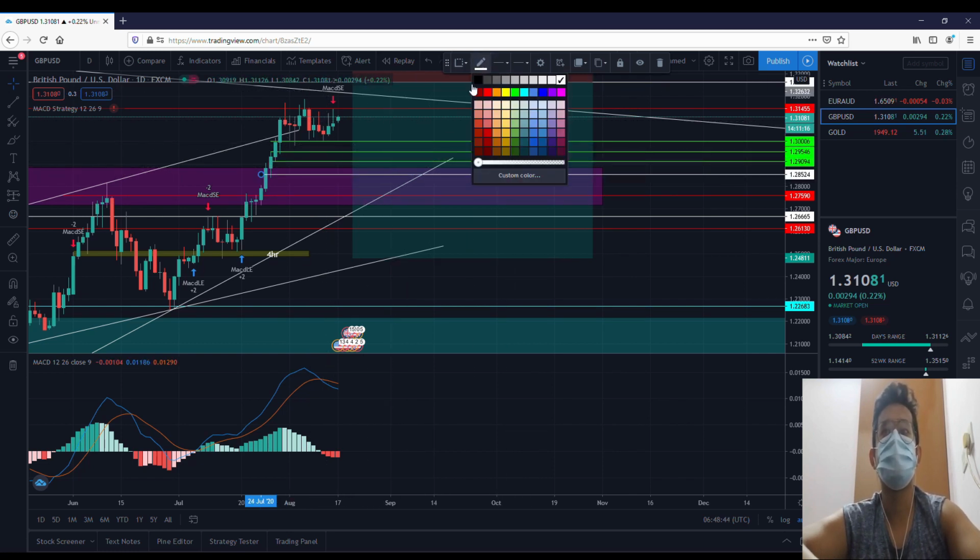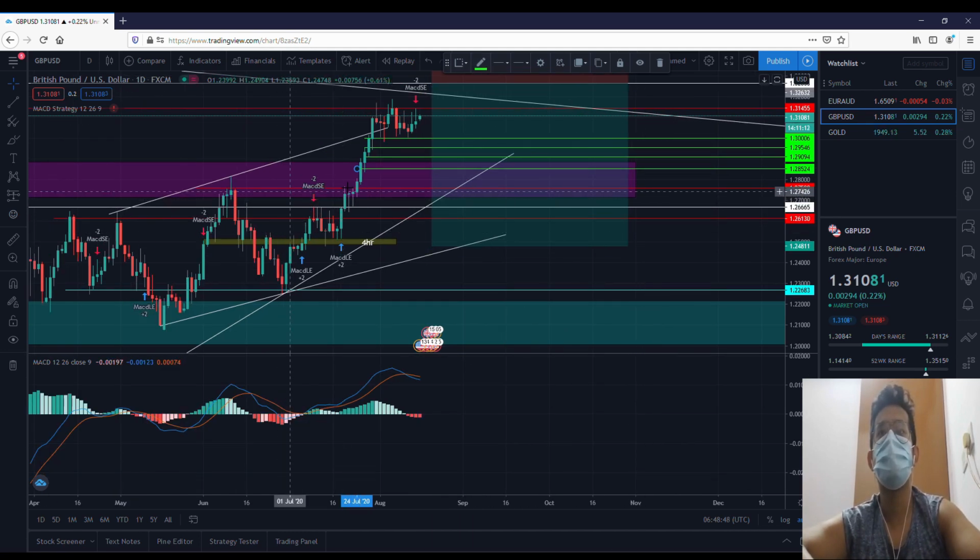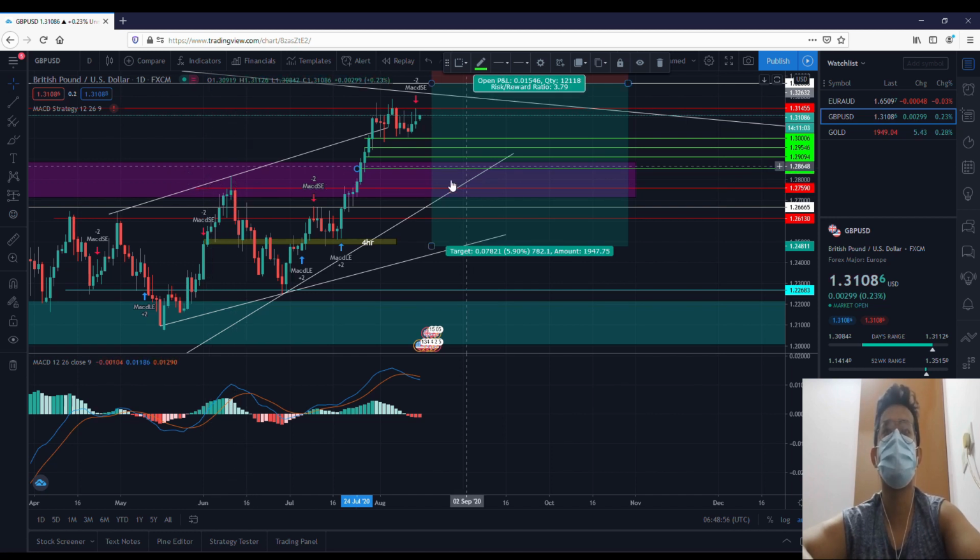You can see this is June 10th, June 2020, the highest high. This is the resistance point, so it has to come here at least. It has to come back to this point. So this is red, yeah.